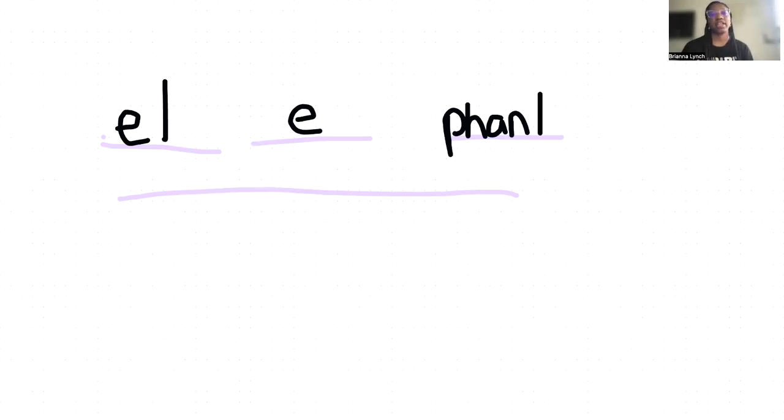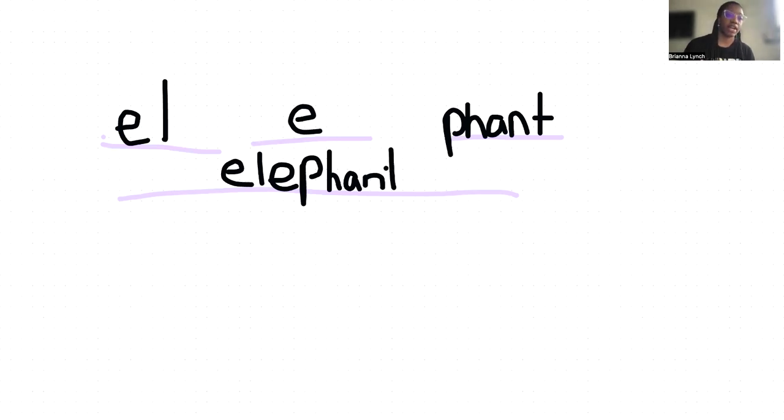So we have it here. Now let's put this together. L, E, fent makes elephant. Okie dokie. Go ahead and write that word out. Good job. All right, let's erase it.